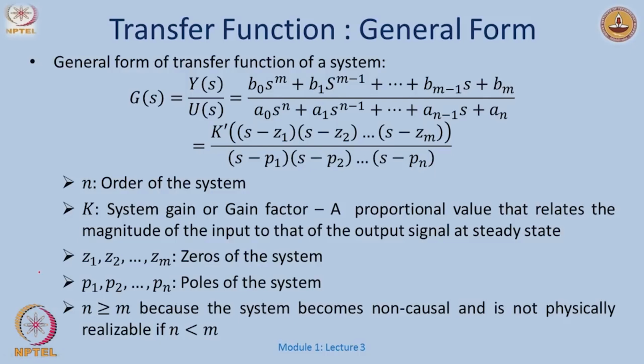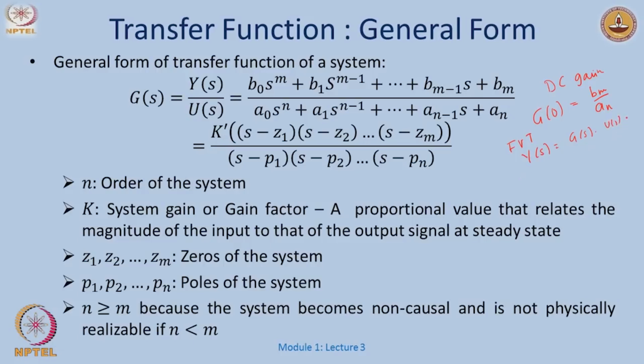There is also something called the DC gain here, which is essentially what happens when I supply a DC input. This DC gain is obtained by substituting s with 0, and in this case it would become Bm over An. If you are wondering where this comes from, it is just an application of the final value theorem to the output Y(s) equal to G(s) U(s).